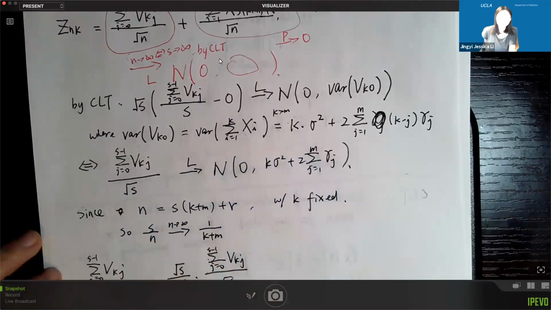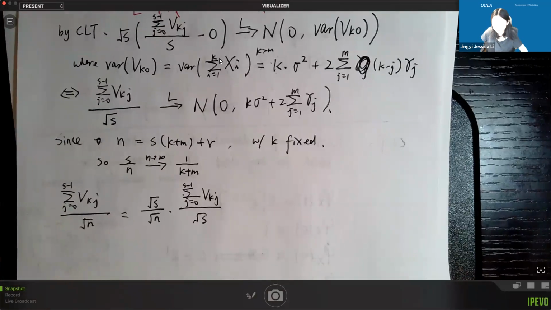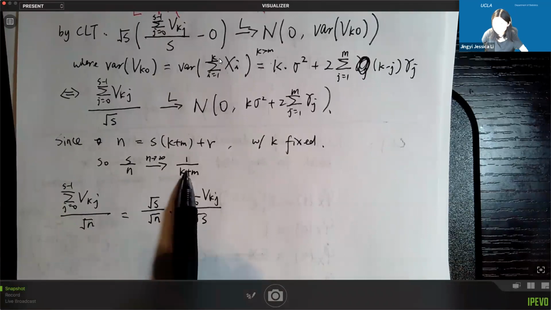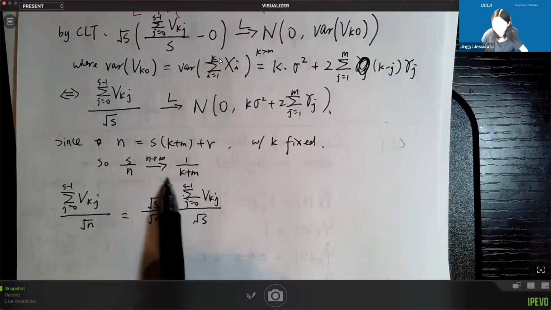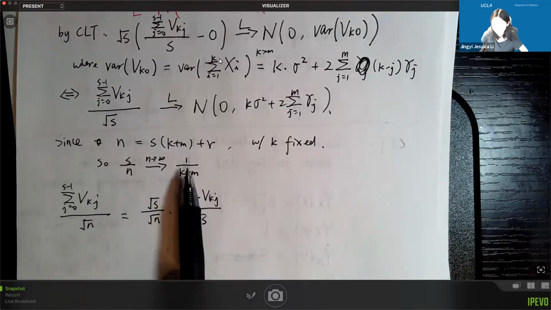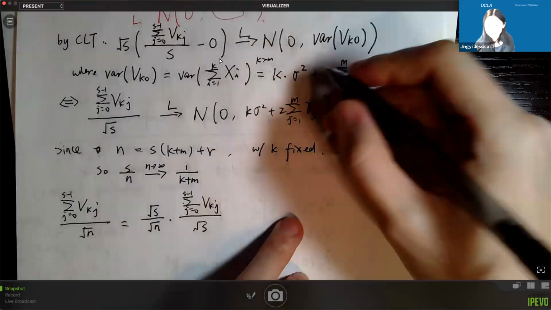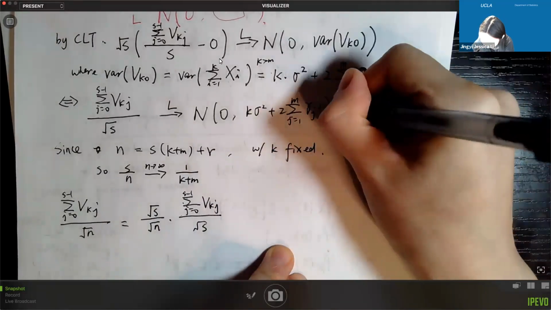Then its asymptotic distribution is just a scaled version of this. And this thing converges to 1 over root k plus m, and this root k plus m will be squared before it enters the covariance. Sorry, I think this thing also needs to be changed. So I need to have k minus j here.